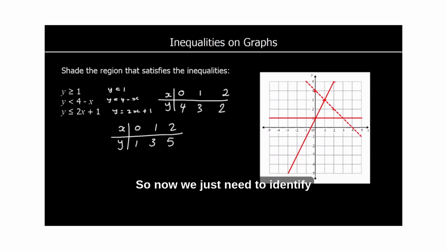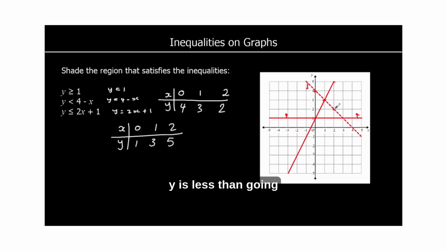So now we just need to identify which bit we're going to shade. So y is bigger than 1. Y is bigger than 1 above the line. So we want above this line. Y is bigger than 1 when it's 2 or 3 or 4 or 5. Y is less than 4 minus x. So if y is less than, that's going down.